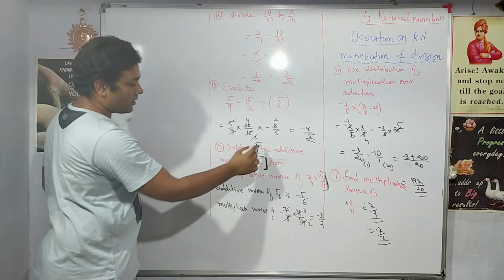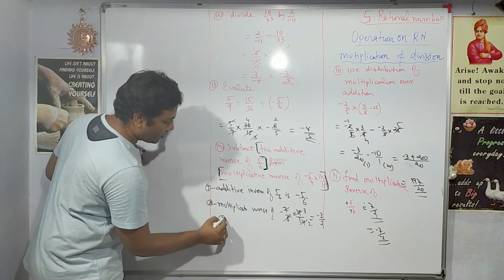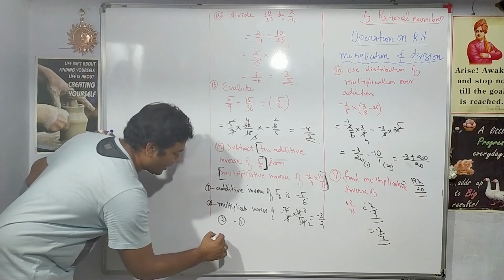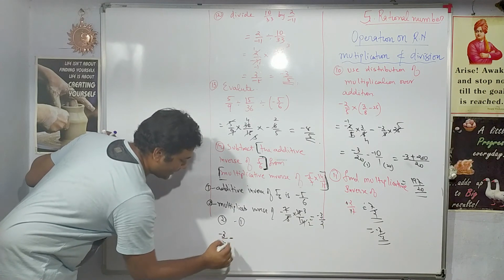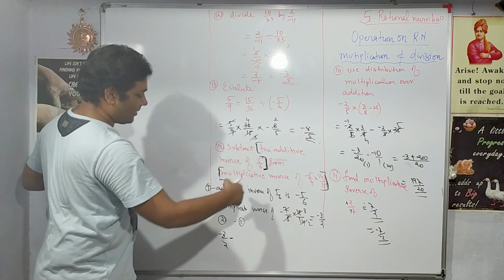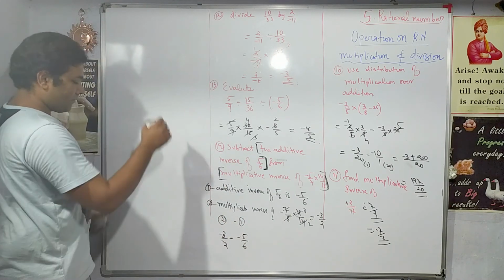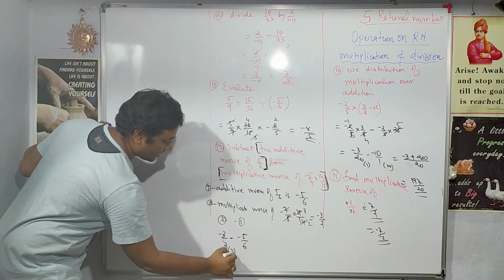So what does it say? Subtract first part from the second part. So 2 minus 1. So what is the value of this second part? Minus 3 by 2, right? Minus first part, its value is minus 5 upon 6. Simplify this. So LCM of 2 and 6 is 6.